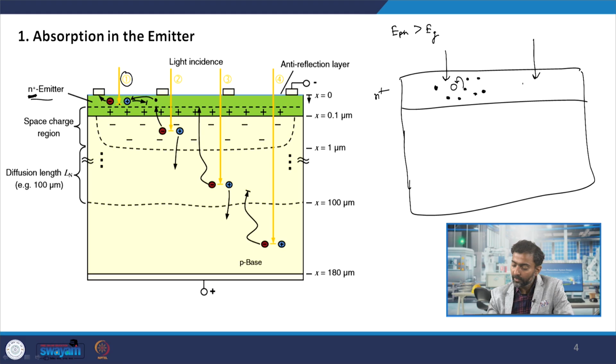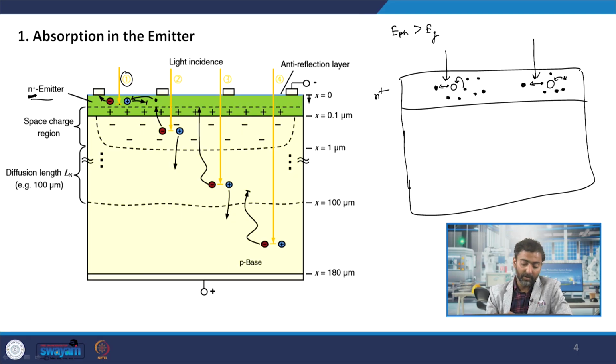You pull out one electron from its position, you create the electron hole pair, but then again, because there are so many excess electrons already present around this, as soon as it is created, another one comes and sits in the place of the previous electron. To summarize, any electron hole pair created here is lost almost instantaneously, and that is not really desirable.